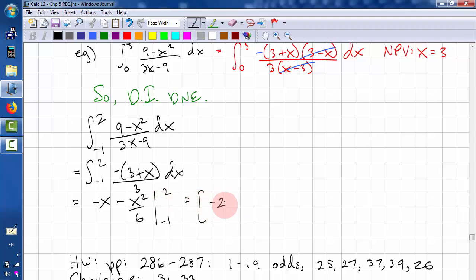So we get -2 minus 4 over 6 minus -1 and minus -1 squared, that's 1 over 6.